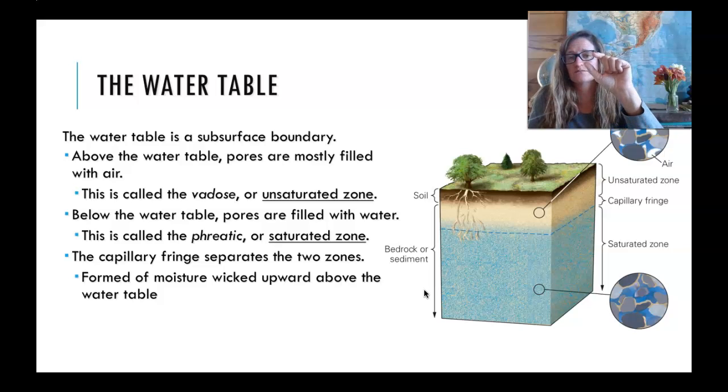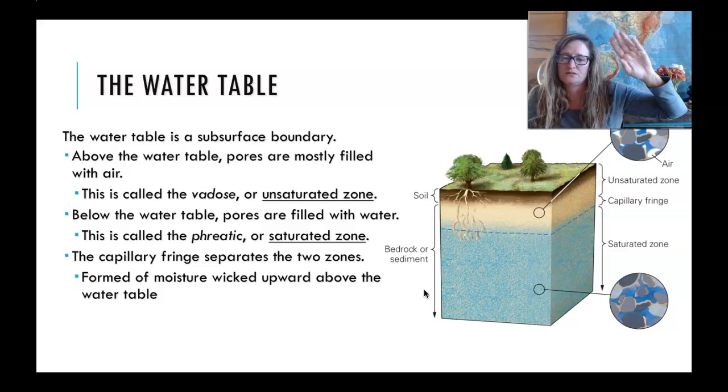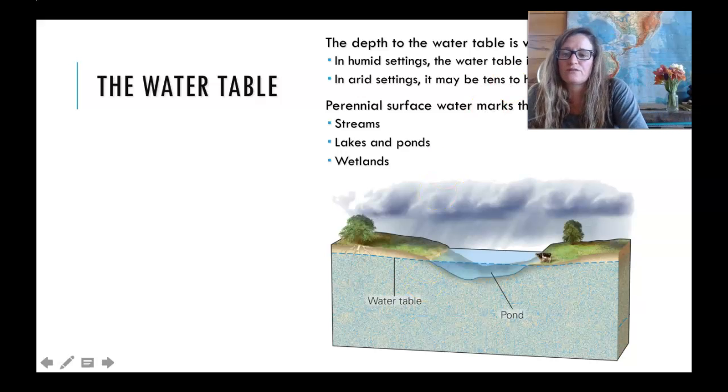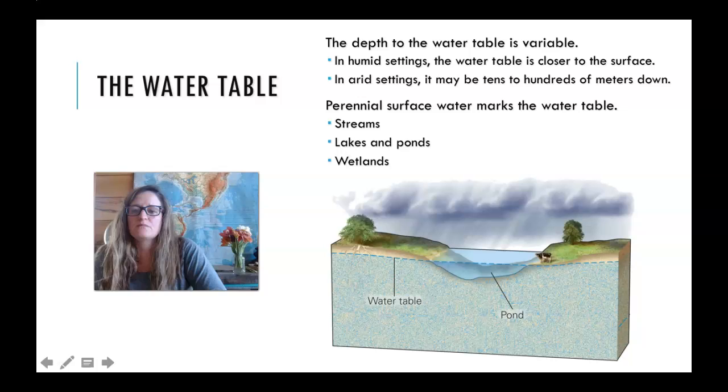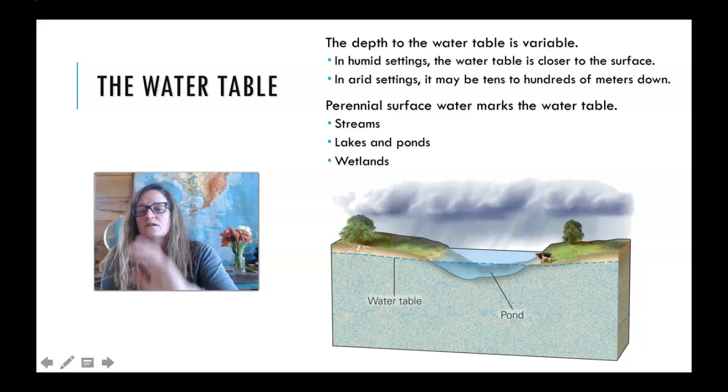Between the two, there's this thin layer that we call the capillary fringe, where through capillary action, water can kind of wick up into the unsaturated zone, but it still doesn't fill all the pore space. The depth of the water table varies. It kind of mimics topography in a way. We'll see that in another slide.